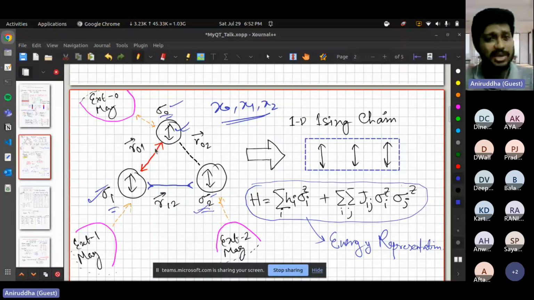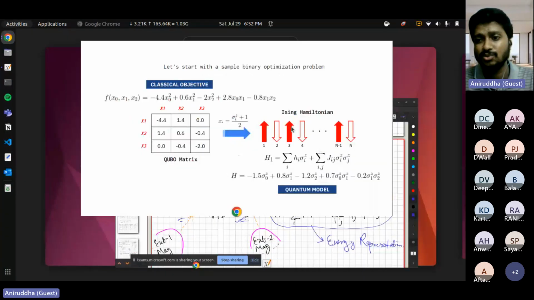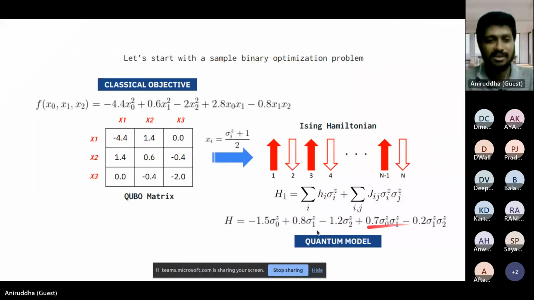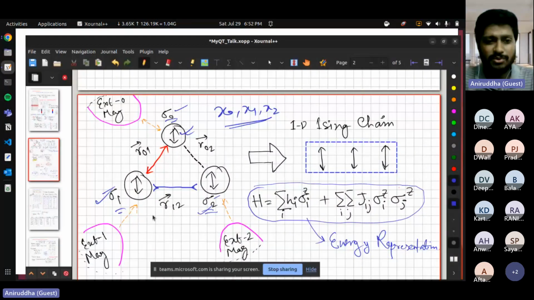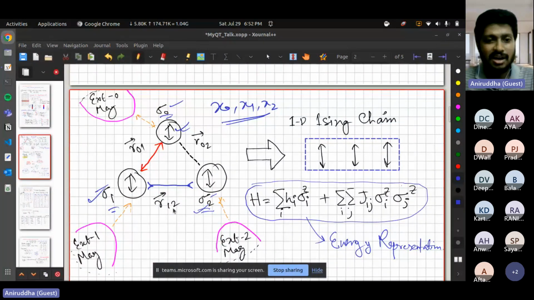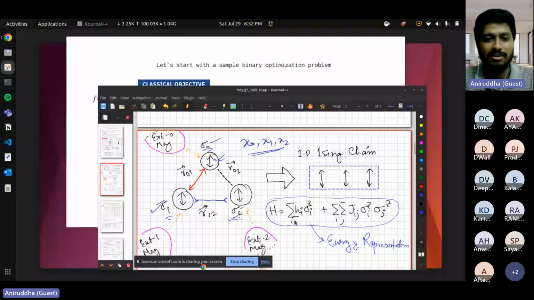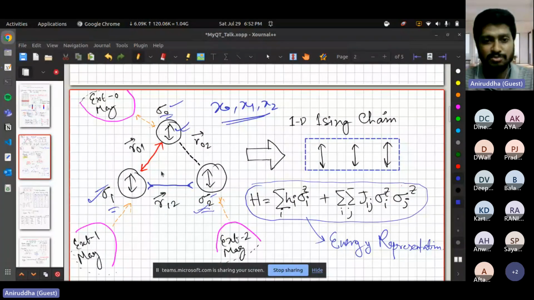The same way you can do it for the second two spins as well, like sigma 1, sigma 2, that is minus. You can adjust R12 in such a way that the energy between your sigma 1 and sigma 2 becomes minus 0.2, right? Minus 0.2 was the value between these two spins.